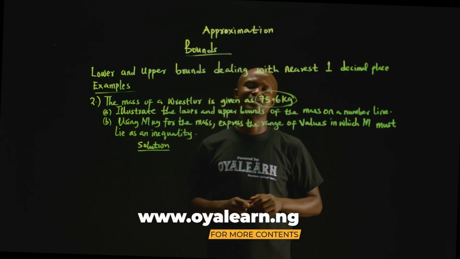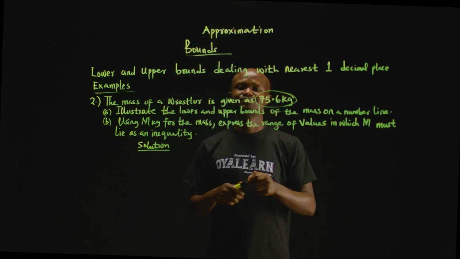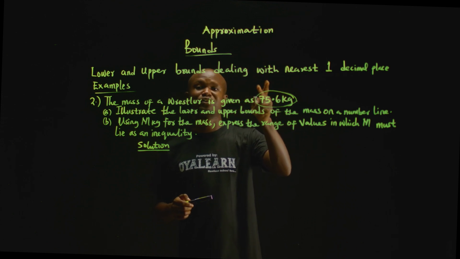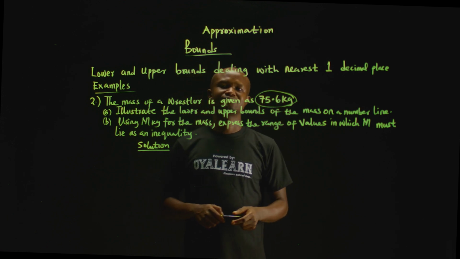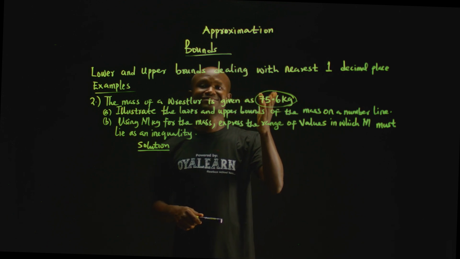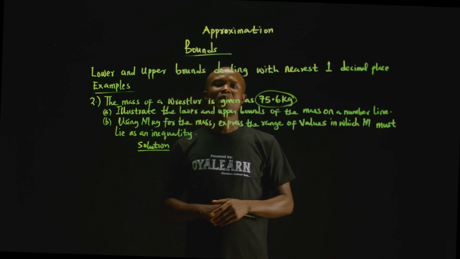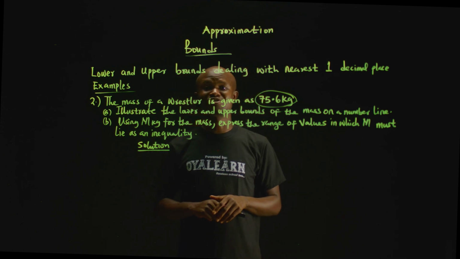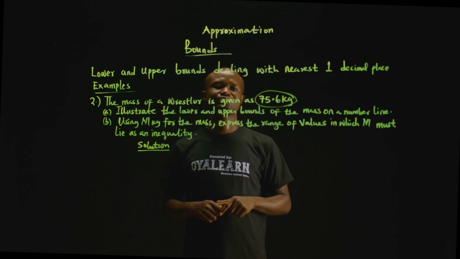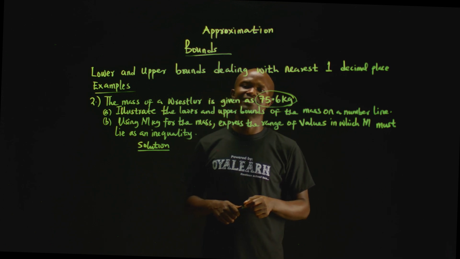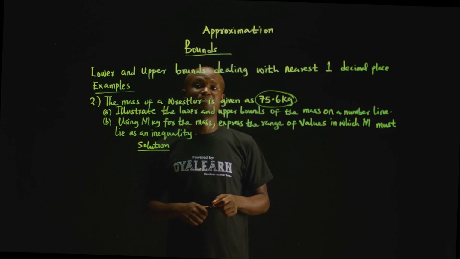1 decimal place. And we can also say, looking from the left, 1, 2, 3, this number is in 3 significant figures. But the most important thing you need to consider is the last number. What is the last number after the decimal point?